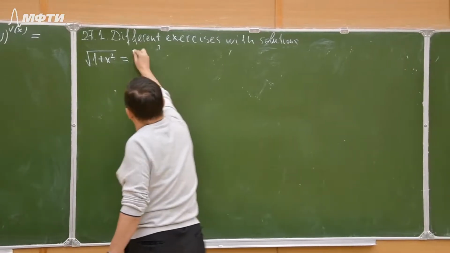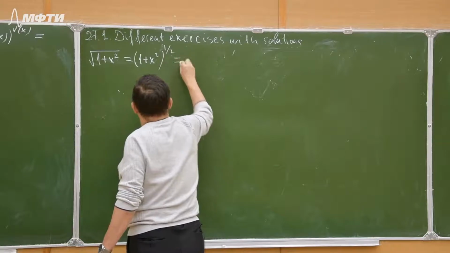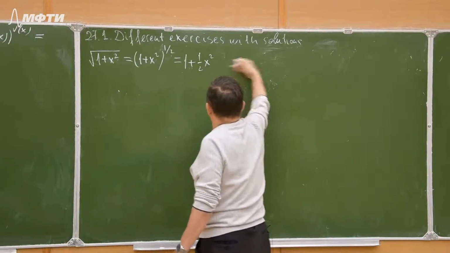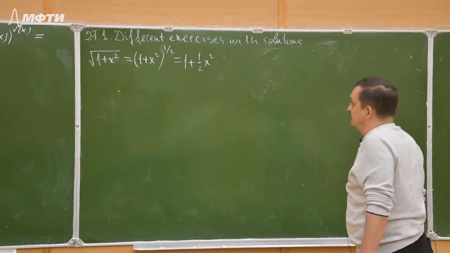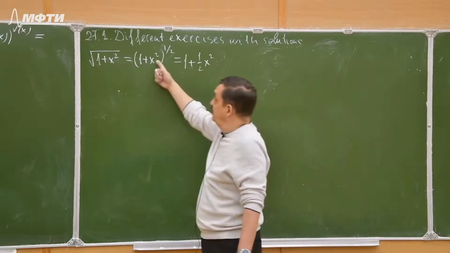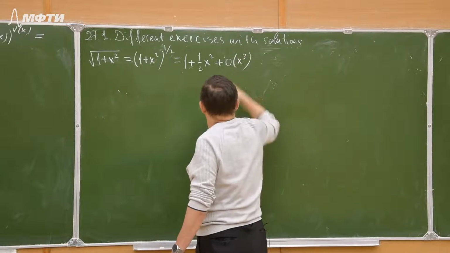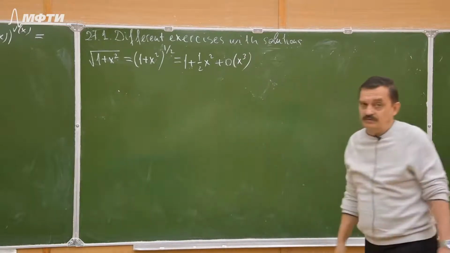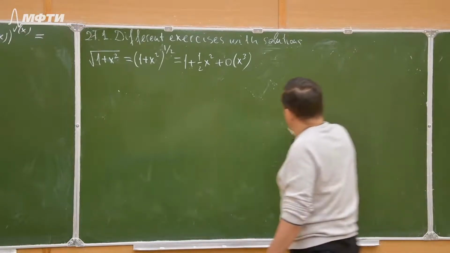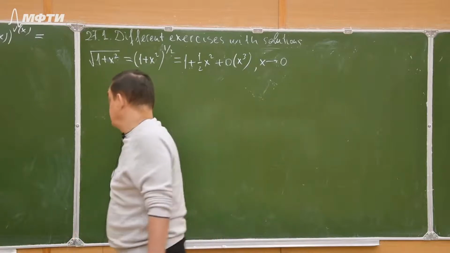That is (1 plus x squared) to the power 1/2, 1 plus 1/2 times x squared, and then we observe that the next term will be with x to the power 4, and we are not interested in everything with larger power than cube. So we have the Maclaurin expansion like that.